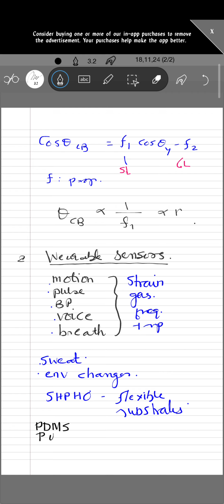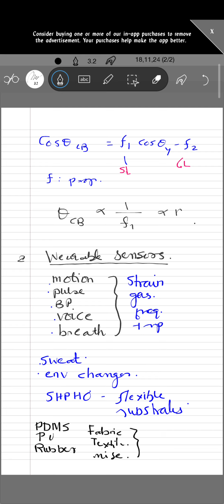PDMS stands for polydimethylsiloxane, then polyurethane, then we can have rubber as a substrate, then any fabric, textile, and then miscellaneous materials like carbon black, natural latex, polyvinyl fluoride, PUDS, and so on.